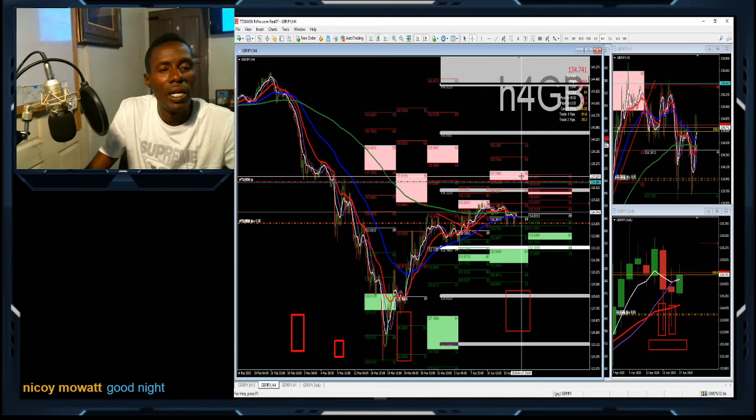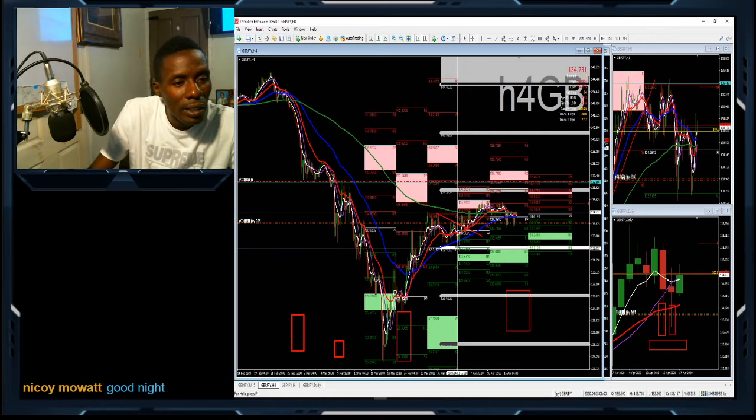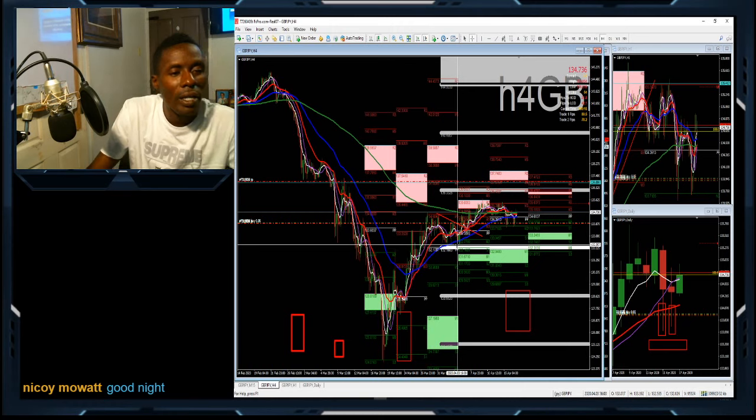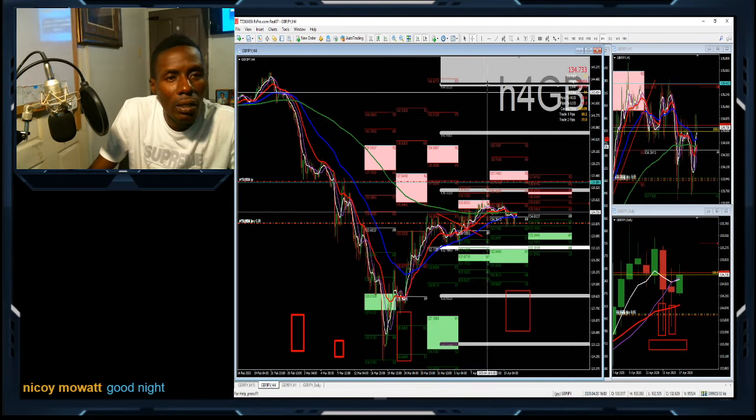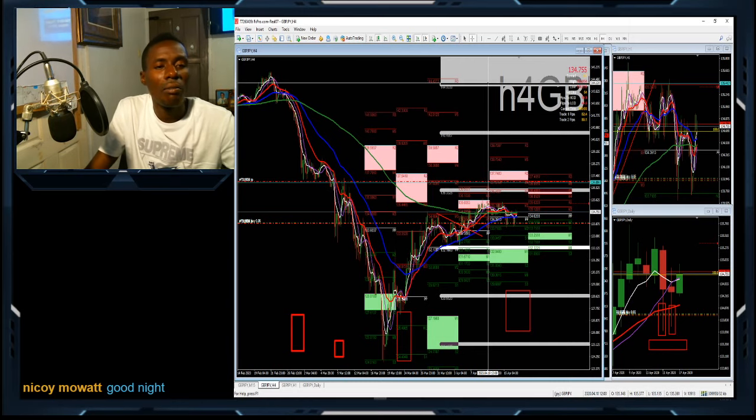So that is my trade plan. Also bear in mind, this is the monthly price for April, 132.50, and the target price is 144. This is on a monthly pivot basis.